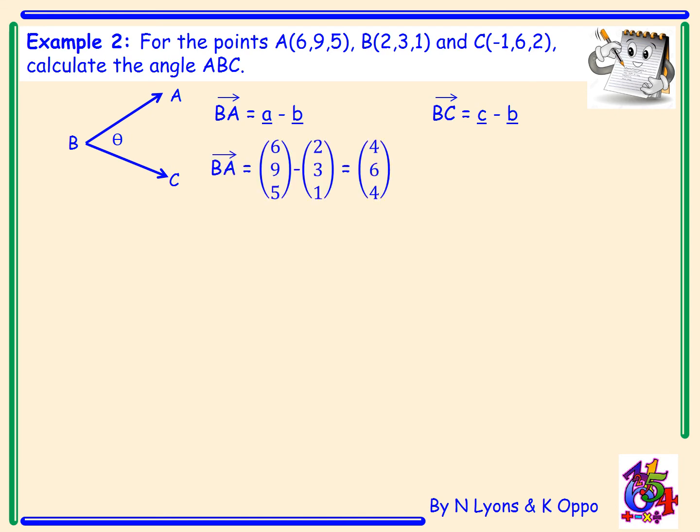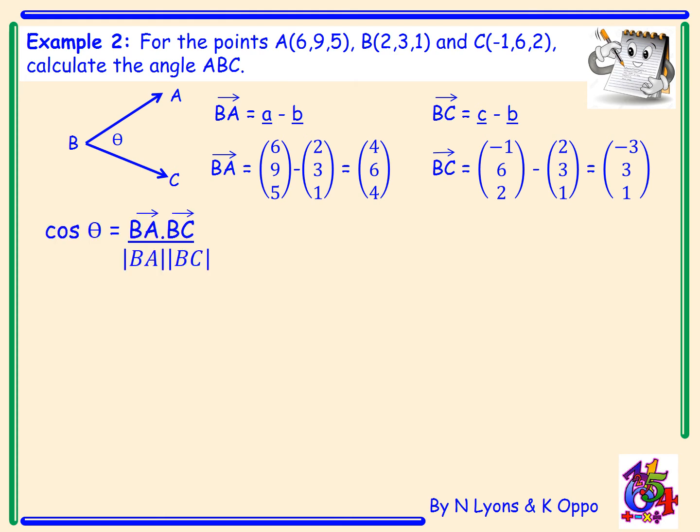BA has components 4, 6, 4. BC has components negative 3, 3 and 1. Now that we have the components of each vector, we can write out our formula, again ensuring that the formula is written in relation to the question.